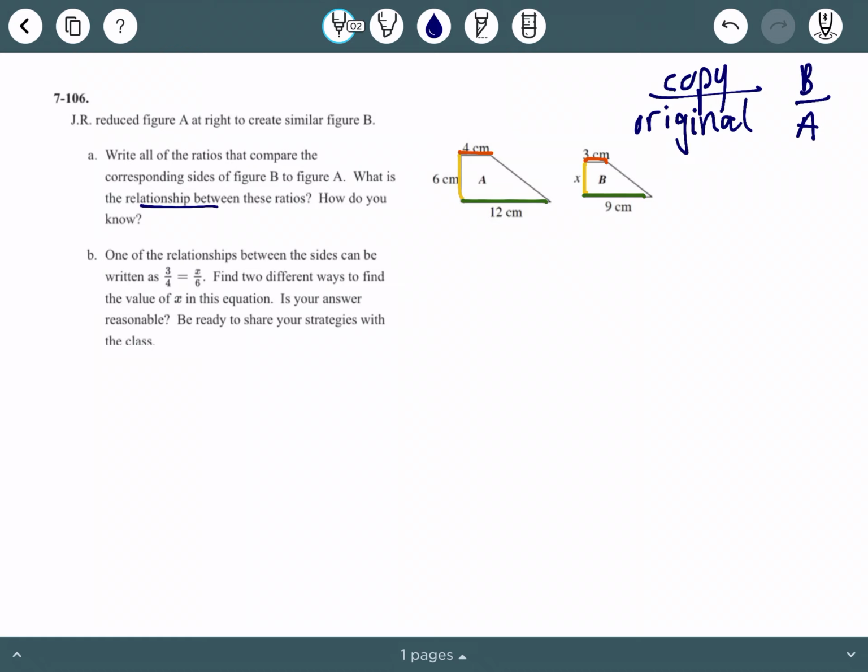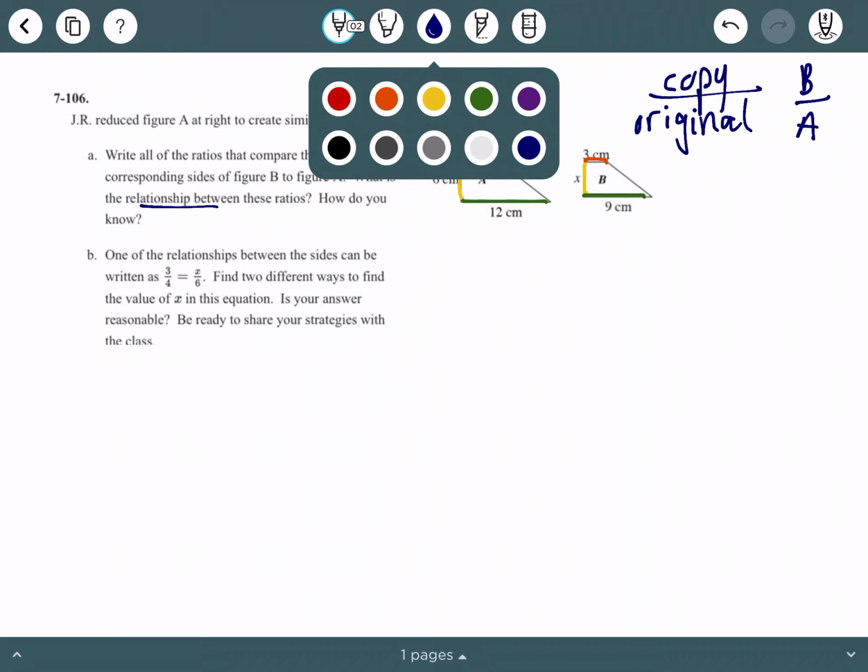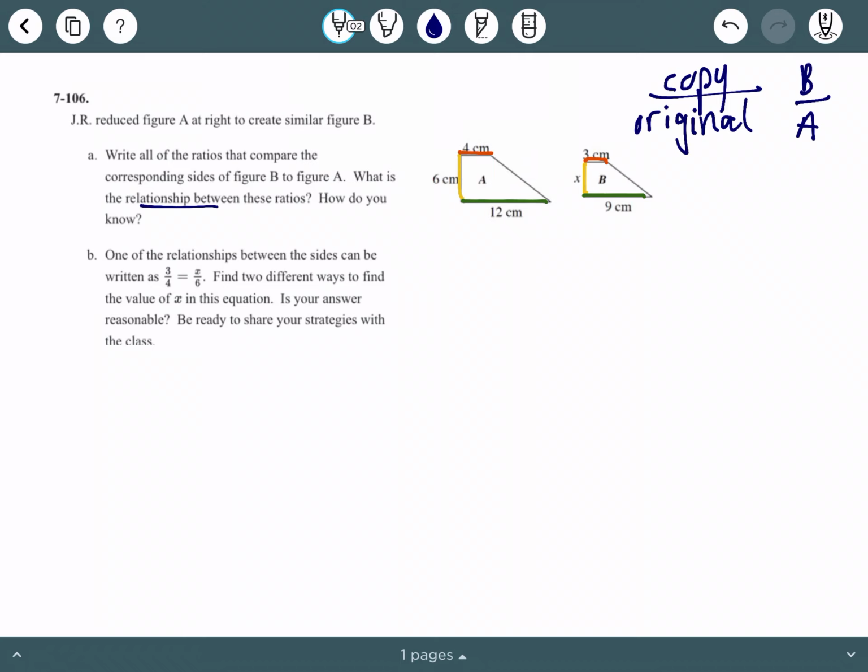Is your answer reasonable? Be ready to share your strategies with the class. So we need to figure out 3/4 equals x over 6.